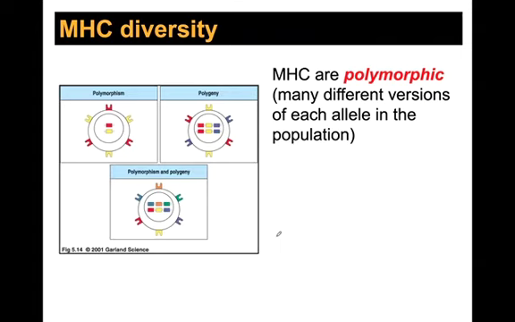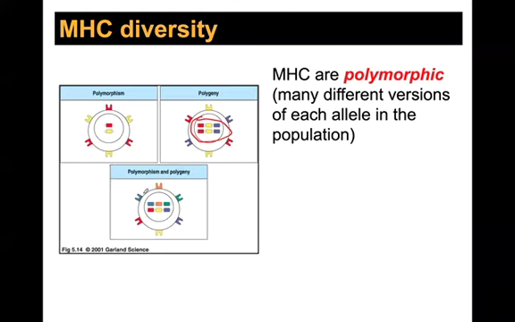Okay, so that's polygeny, where you have many different versions of the genes that are potentially expressed. Polymorphism is that at each one of those loci, you can have a different version. So everybody, or most people, will have HLA-A, but you can have A02, A03, A04, A05. Those are just different polymorphisms of the HLA-A allele.